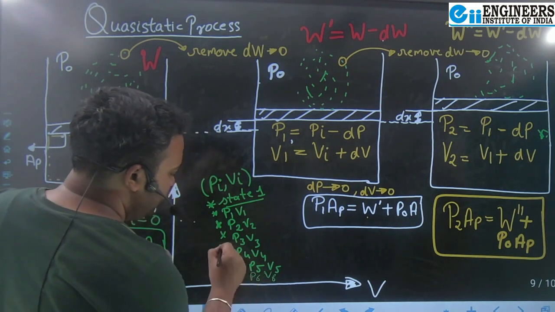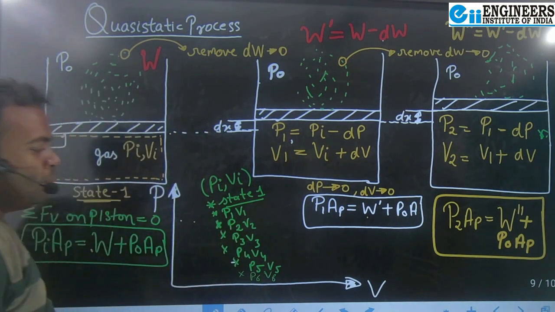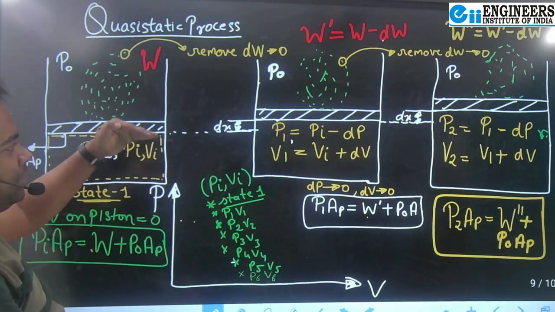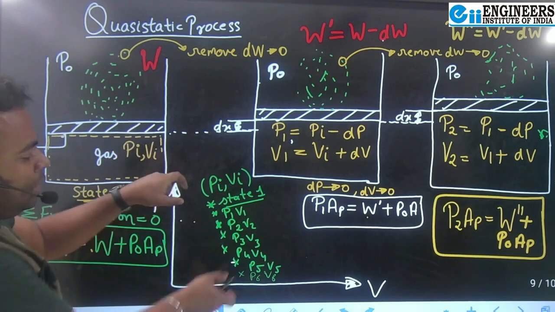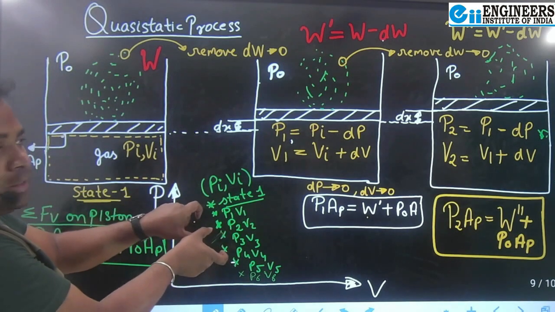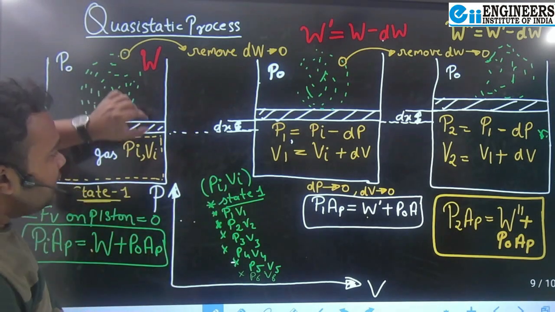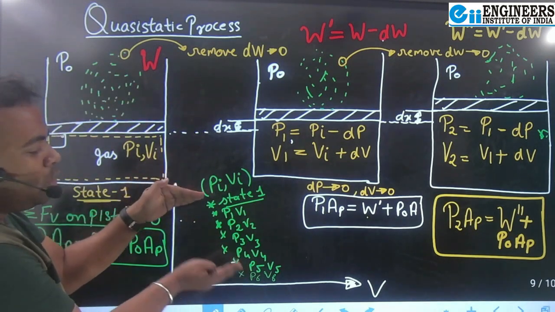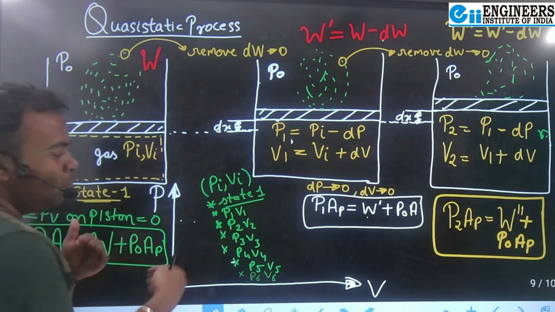You are getting an infinite number of equilibrium states. The closer these equilibrium states are, or in other words, the less the displacement, the more number of equilibrium states you will get, right?